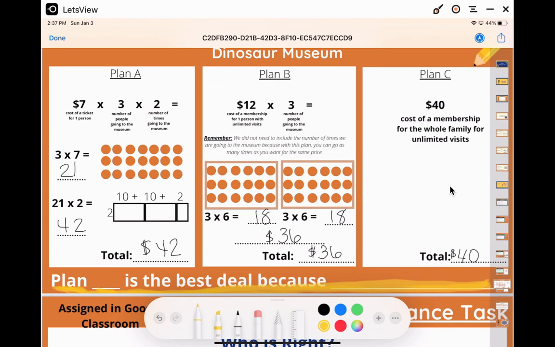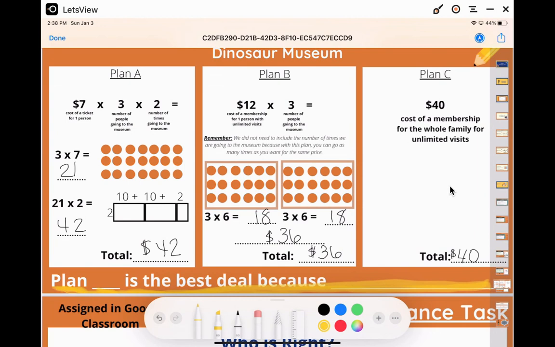All right, well, let's talk about what you came up with. When we're talking about the best deal, we are looking for the cheapest. So, you know, when your mom or a family member goes shopping, you're looking for the best deal. That means they want to spend the least amount of money.